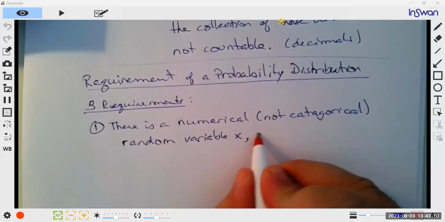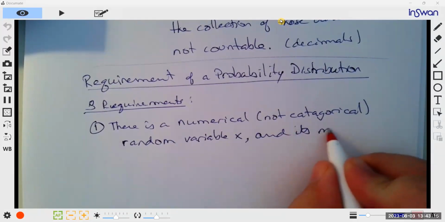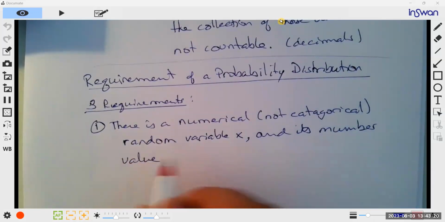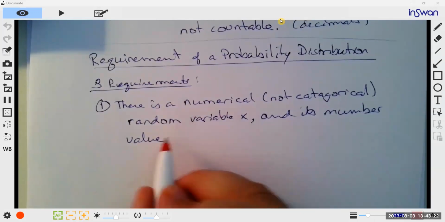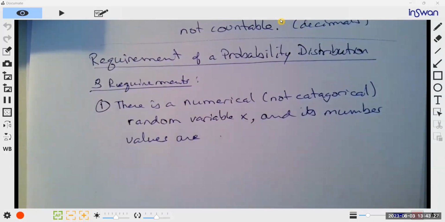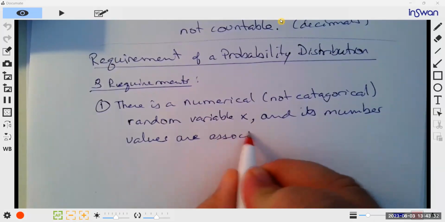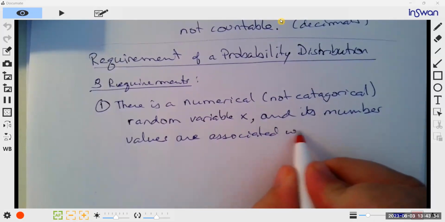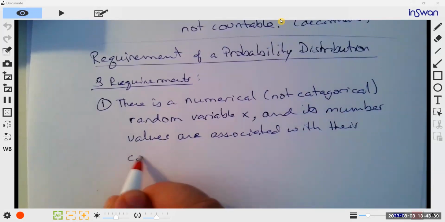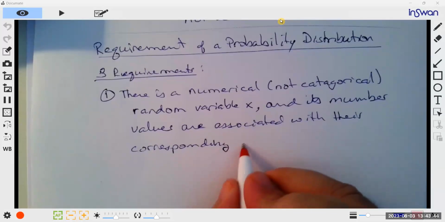and its number values are associated with their corresponding probabilities.